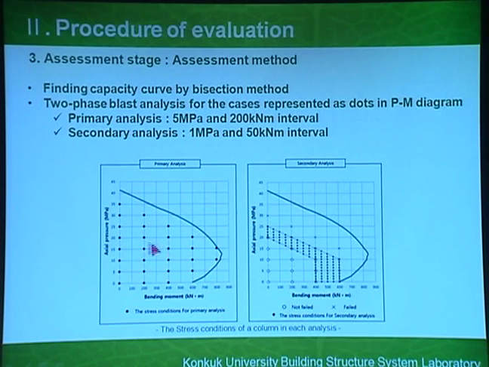Once we identify the failed cases, we refine the intervals. So in the primary analysis we use this kind of interval, and in the secondary analysis we use more refined intervals. By doing this, we can identify the design curve, which indicates the capacity of the column against blast load.